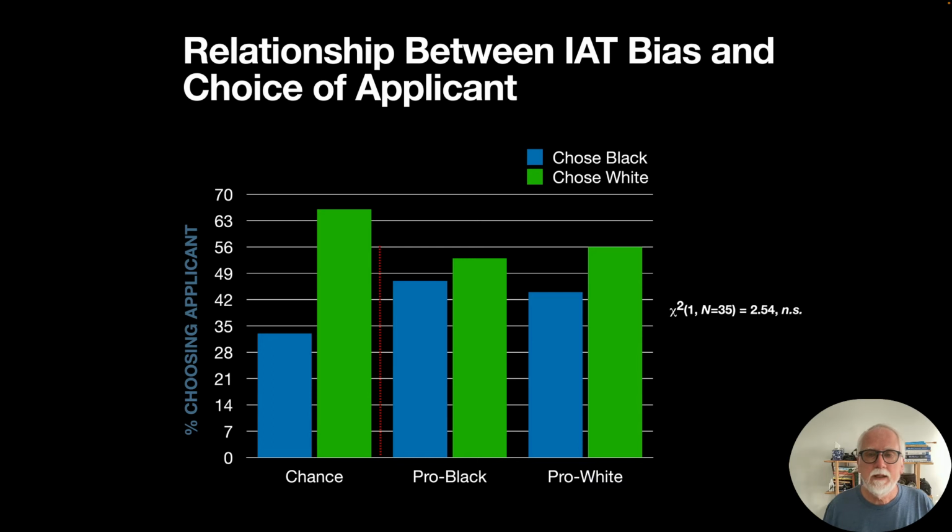Now, what I think that means is that perhaps the IAT is actually measuring people's associations, but whether or not you act on those associations depends on whether or not you also have a somatic marker, that you actually have a gut negative response that goes along with whatever your associations are.